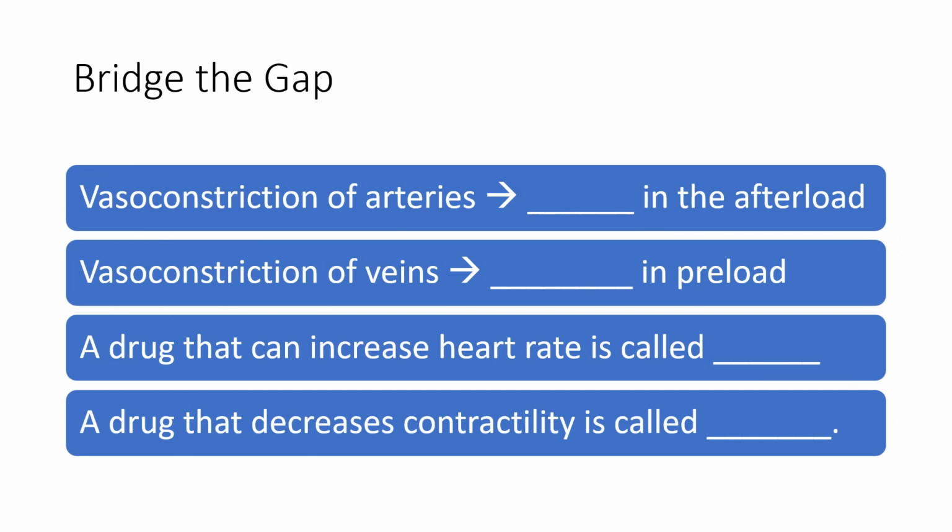So as we're wrapping up this segment, we're just going to bridge the gap. Taking the concept that we've done before, vasoconstriction of arteries, how might that affect our afterload? Remember, A for afterload, A for arteries, we're thinking left side of the heart. If I vasoconstrict my arteries, what will that do to the afterload?